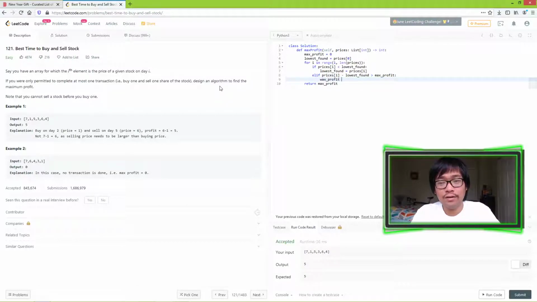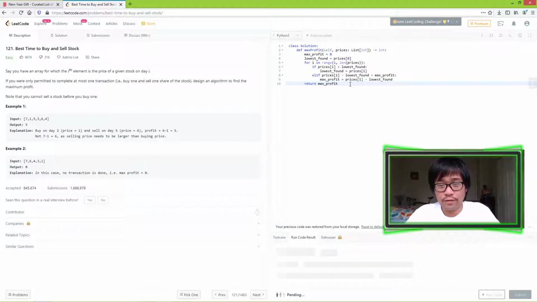Max profit, I just said wax profit here. Max profit is equal to prices i minus lowest found. Okay, so that should set it.